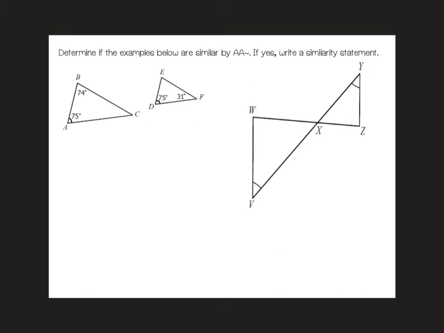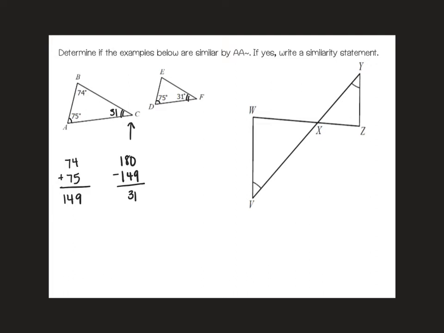So I'm going to start off by finding angle C, and I can do that by adding the 2 angles I have together and then subtracting those from 180, because we know that triangles add up to 180 degrees total. So when I do that, I figure out that angle C is 31 degrees. And now I can see that C and F are congruent.